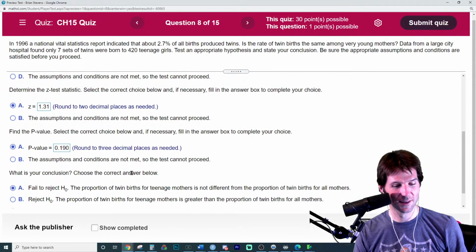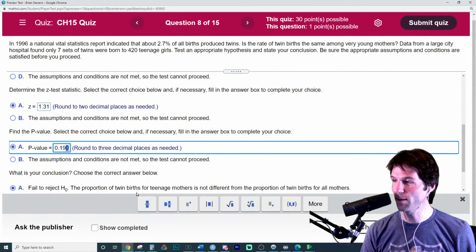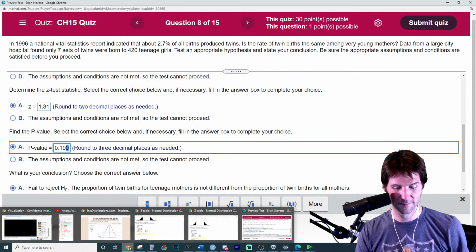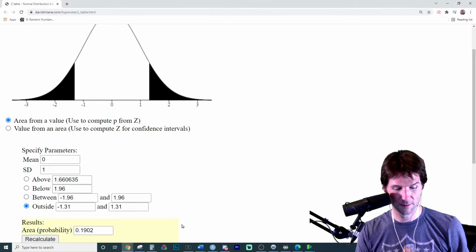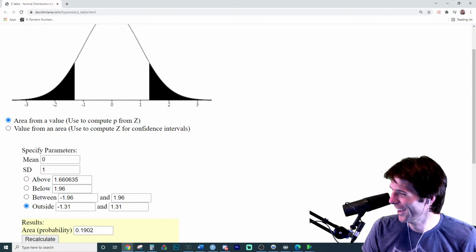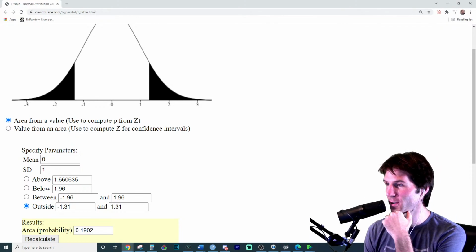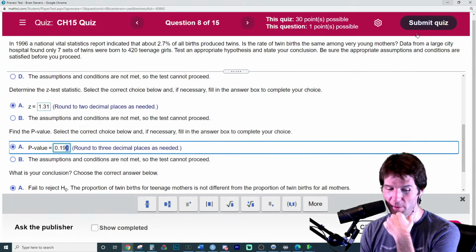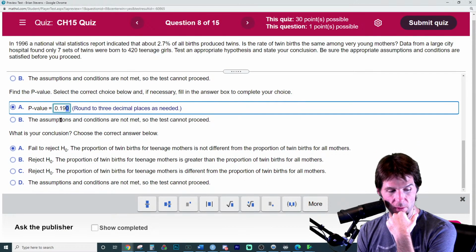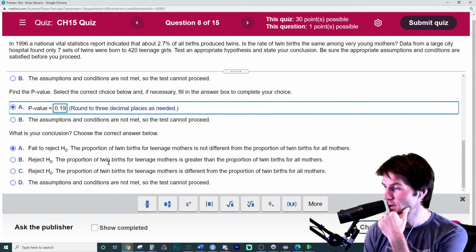Wait, what? I think my brain's fried, everybody. What's going on? That would be a very, very extreme z-score. Kayla, help me out. My brain broke. Do I even know how to solve this? My gosh. When it rains, it pours. Round to three decimal places.